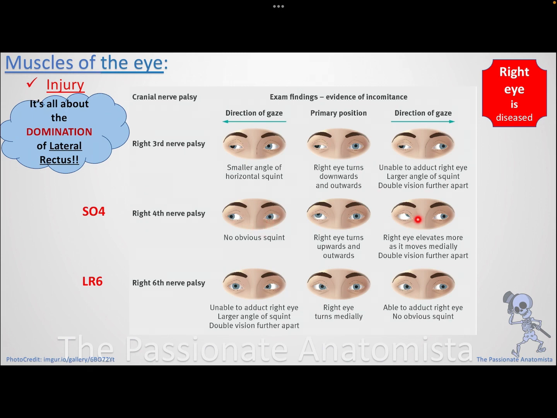If you ask him to look to the left, he can look to the left, but he cannot make the intorsion depression kind of combination. All right? So in normal position, he will have his eye upward and lateral because superior oblique is not doing intorsion depression. And when you ask him to move his eyeball to the left side, the right eye is affected.